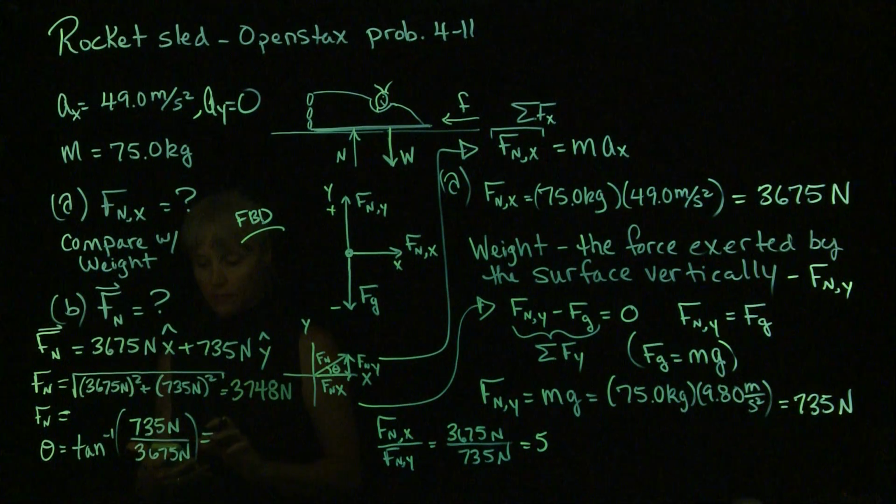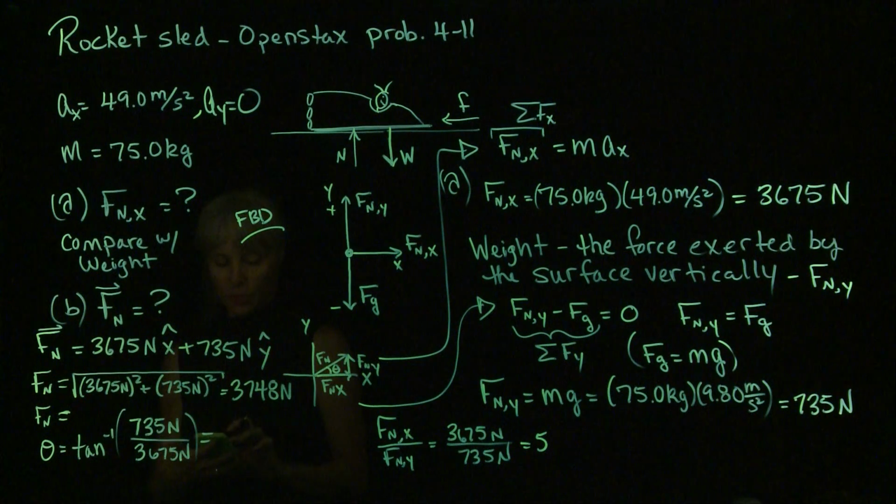And what about the angle? So now we want inverse tangent of the ratio of 735 to 3675, and we come up with an angle of... what is our angle? I'm in radians right now. Degrees.